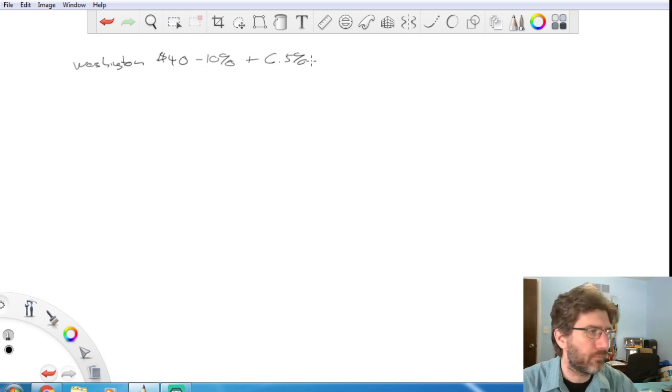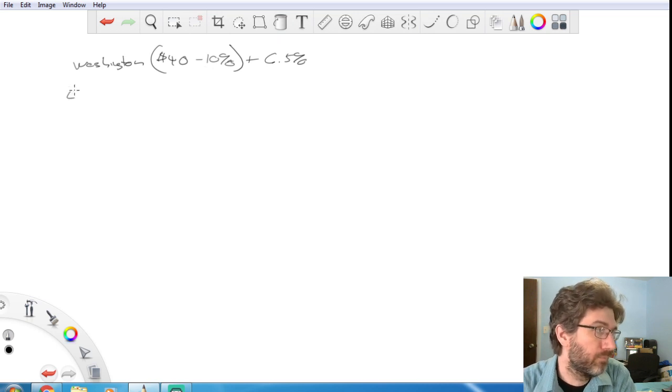So if we're doing this first, order of operations says to go left to right with addition and subtraction. We're going to take off 10% first. So we've got to find 10% of 40. So we're doing 10% of $40 first. So that's going to be, again, move your decimal point 1, that's $4.